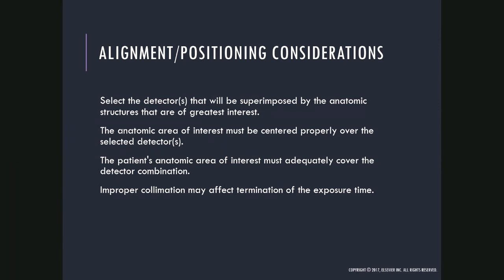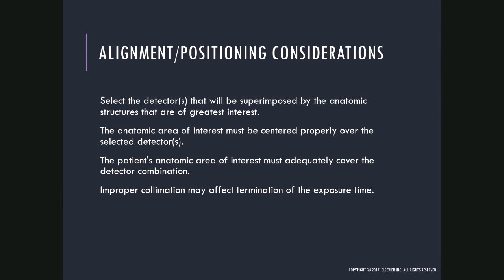Now, whenever you're dealing with a bigger part, and especially on bigger people where you may have a harder time telling exactly where their anatomy is, you can be centered too far to the sides of your detectors. And that's a very common thing, especially in like lumbar spine x-rays. So you want to make sure that you have the correct detector selected, the area over that detector, and then of course you want to have proper collimation.